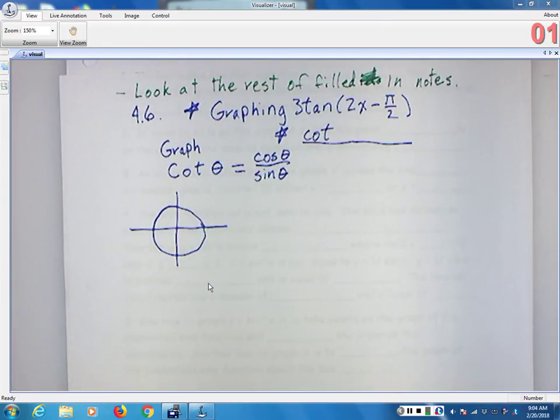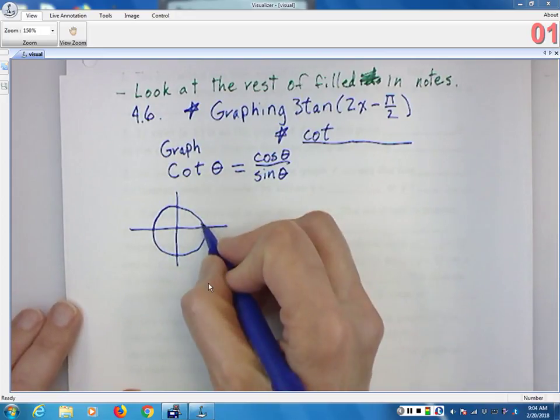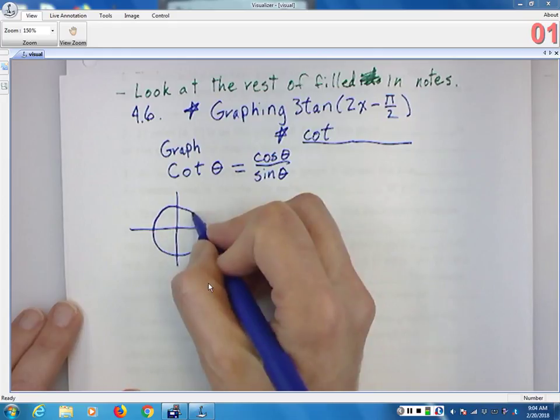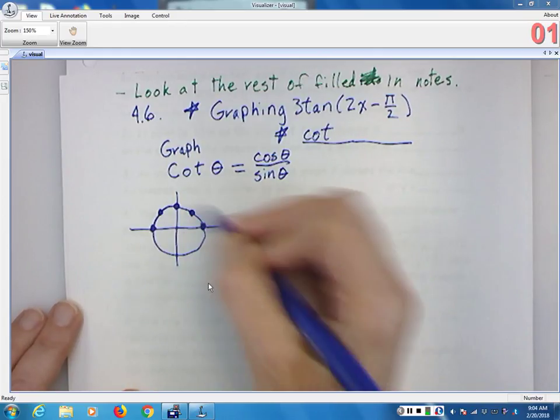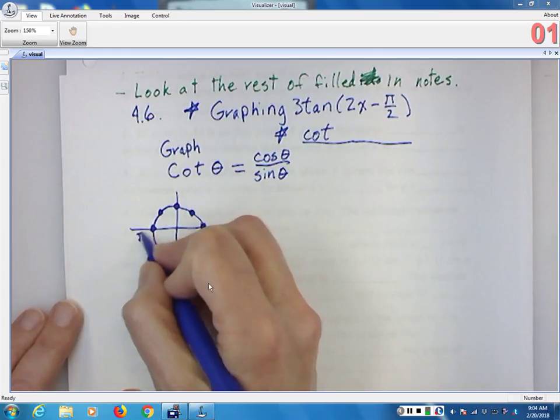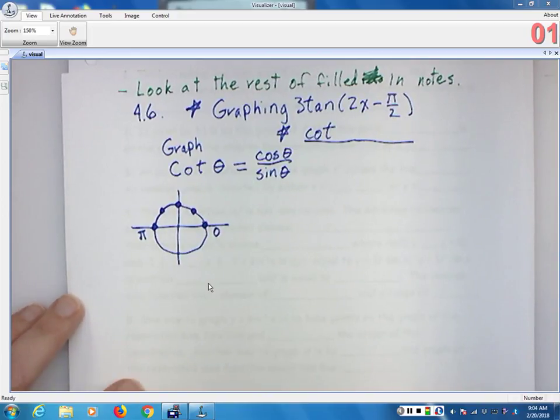And so, if we were going to do that, a complete cycle, or period, of cotangent happens between 0 and pi. And so this is why on your test you should be just sketching little pictures like this. You don't need the whole unit circle.